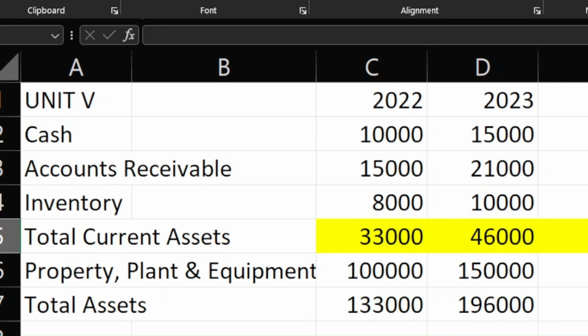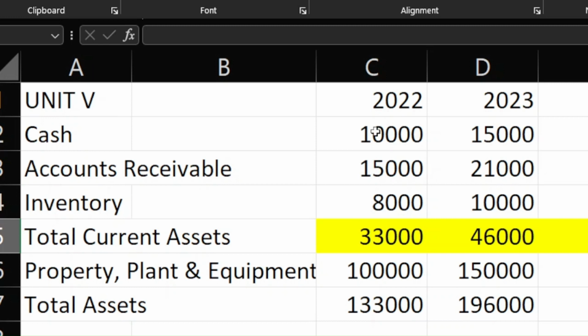Total fixed assets are increased from 75 to 76 percentage, whereas inventory is decreased from 6% to 5.1, and accounts receivable also decreased, only cash is increased slightly. That you have to write in your observation. So this is for comparative purpose.